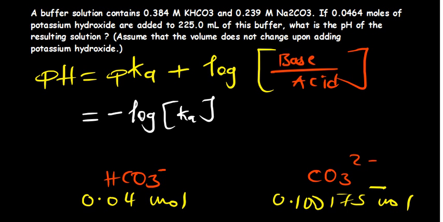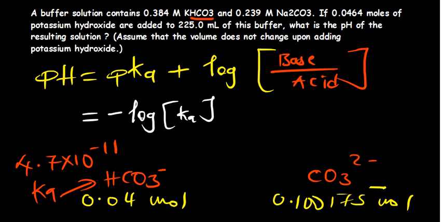So Ka is basically the acid dissociation constant, which is basically the given value. That is the constant that was supposed to be given in the question. And of course we need to know that the Ka for our acid, which is hydrogen carbonate in this case, is basically 4.7 times 10 to the power negative 11. That is our Ka for this acid that we have.